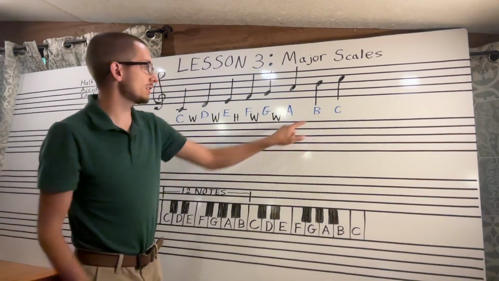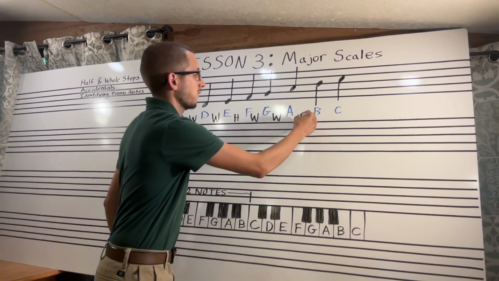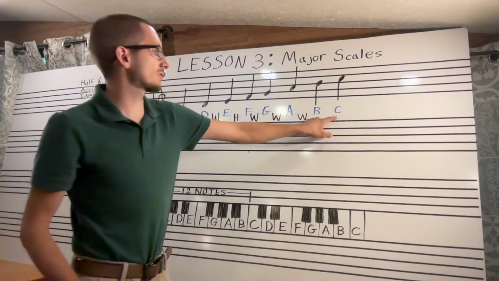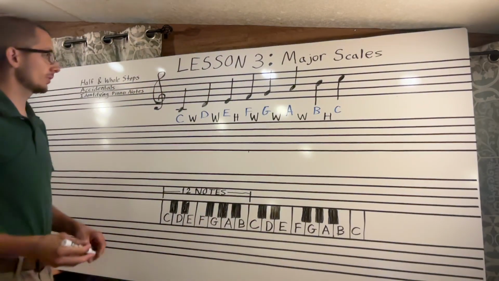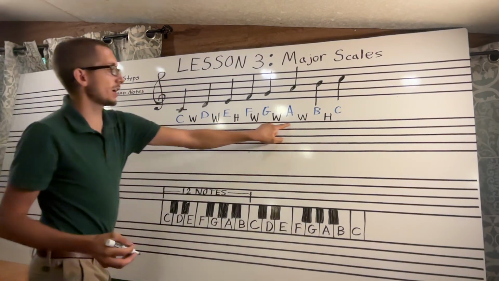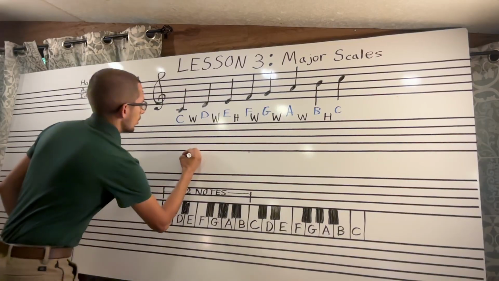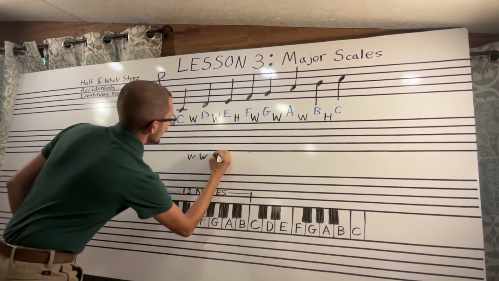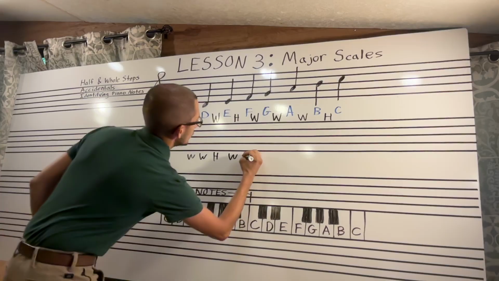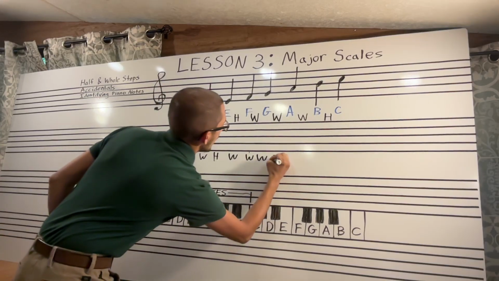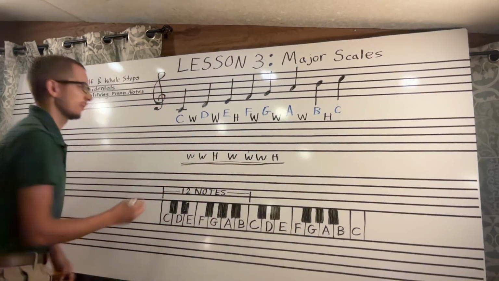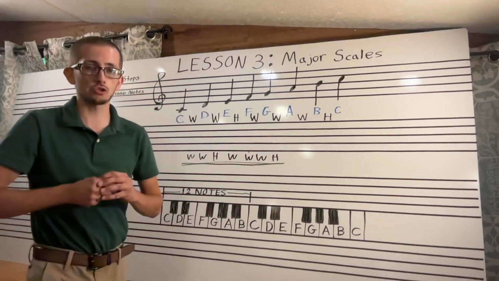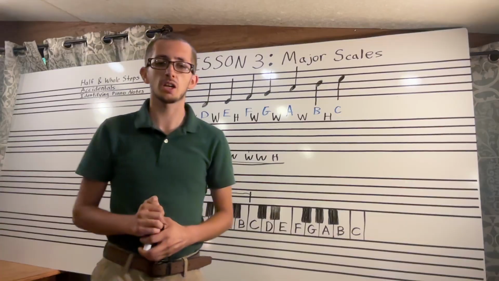From A to B, another whole step. And from B to C, we get a half step. So this right here, whole, whole, half, whole, whole, whole, half, is the formula that we can use to construct every one of the major scales.